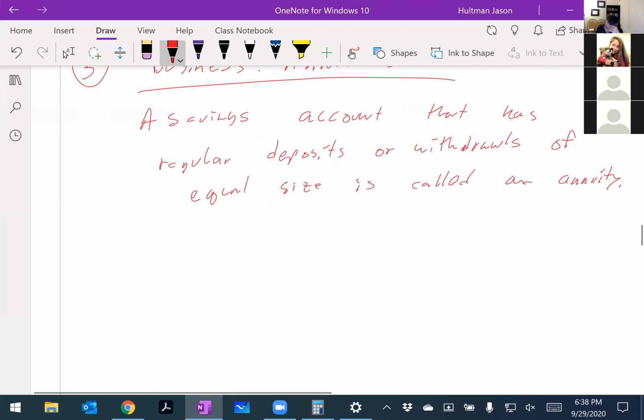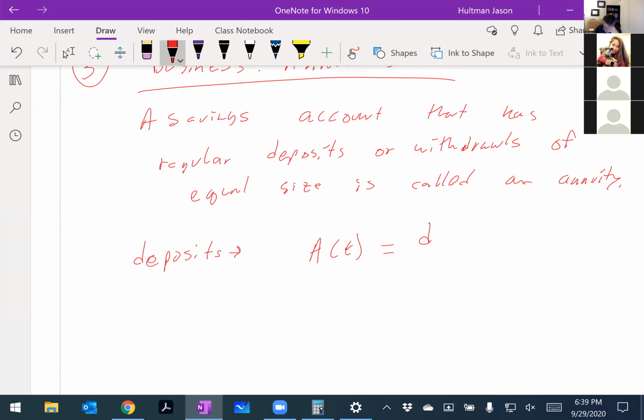Okay, for deposits, if we deposit money periodically, we're building this up. Say we're building our retirement fund up. We deposit monthly into this retirement fund, so we're building it up. If we're depositing regularly, then the accumulated value is equal to the deposit.